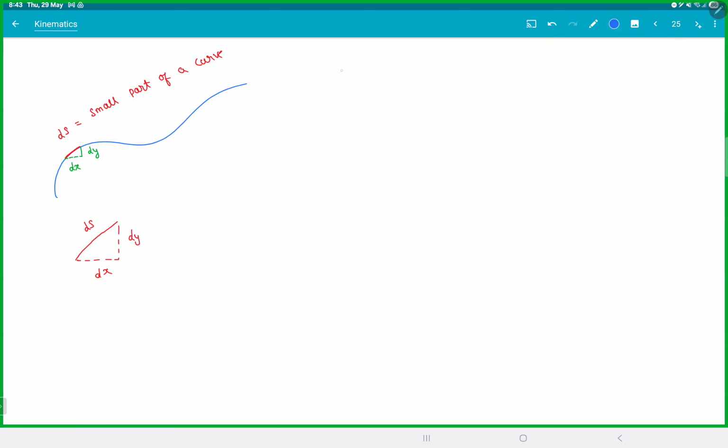I can use my Pythagoras theorem here. So ds will be root over dx whole square plus dy square. This is how I got the formula. If you take dx common, you'll get that formula. If you want distance, we have to integrate this. It will be integral ds, which is integral root over dx whole square plus dy whole square.